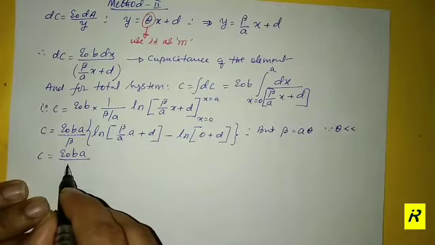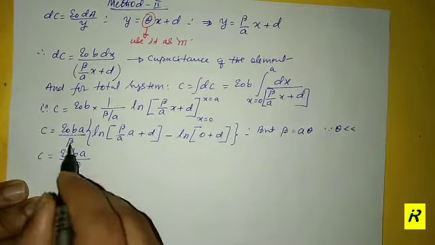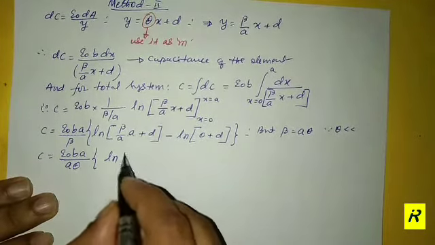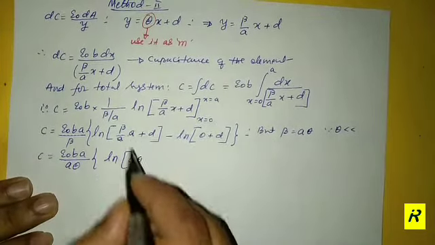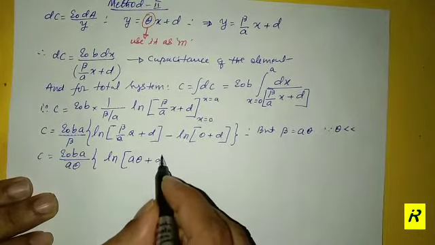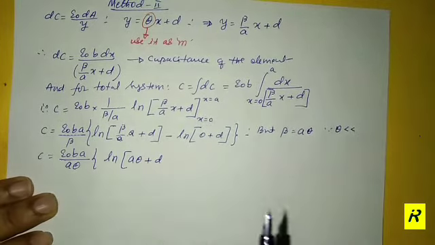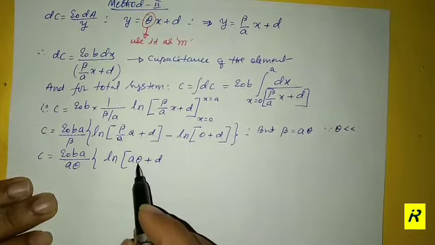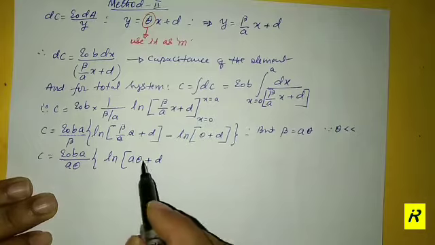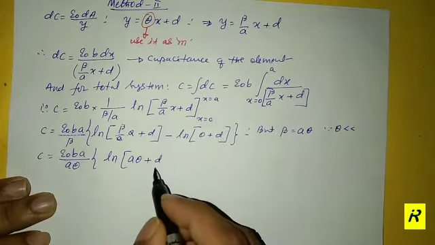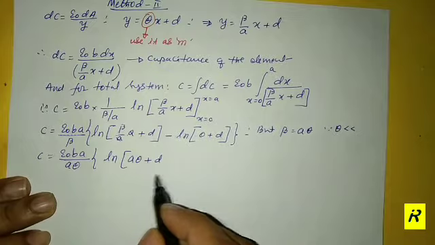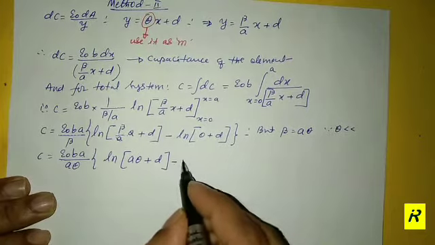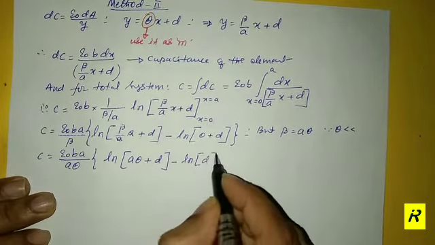So now I am using the term a theta here in place of beta, and in the brackets it is a natural log of beta, so beta is a theta, because the a term gets cancelled, plus d, right? So one term of a gets cancelled, and we get again a into theta plus d, right? Next what I get, I get something like this. Here this is nothing but minus natural log d.